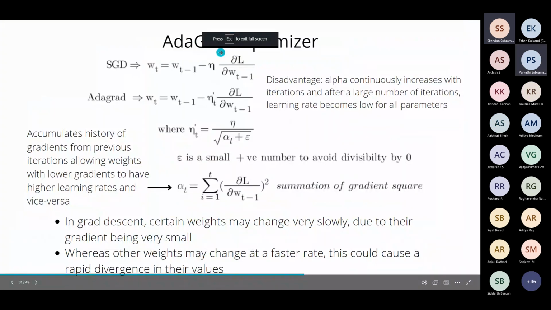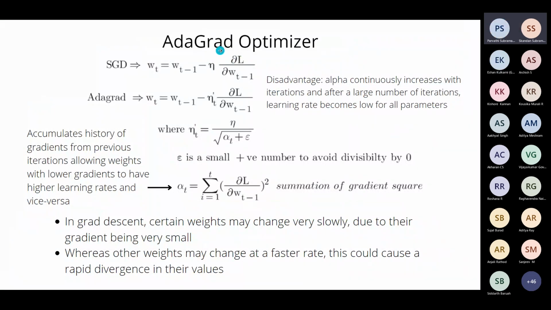So the first optimizer we'll be discussing is the AdaGrad optimizer. We were saying that certain problems occur, for example, as we back propagated, the gradients sometimes vanish, because if the gradients have small values, they get compounded across several layers and vanish.